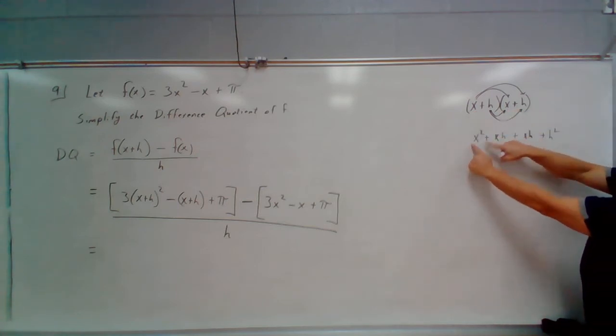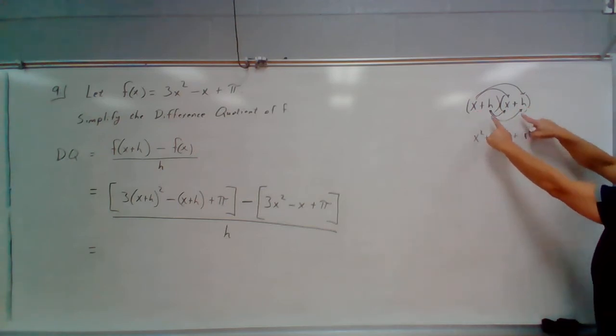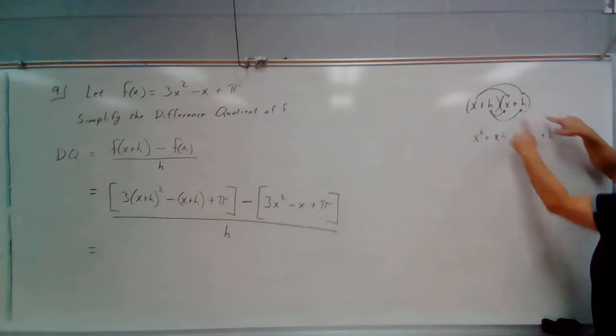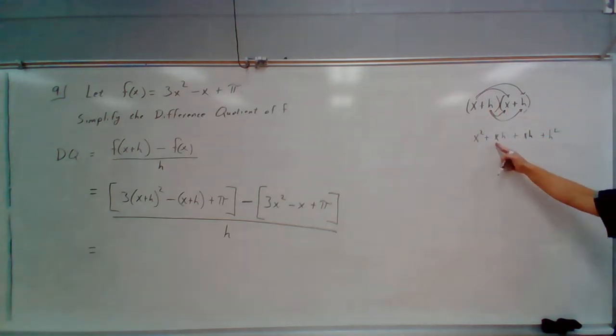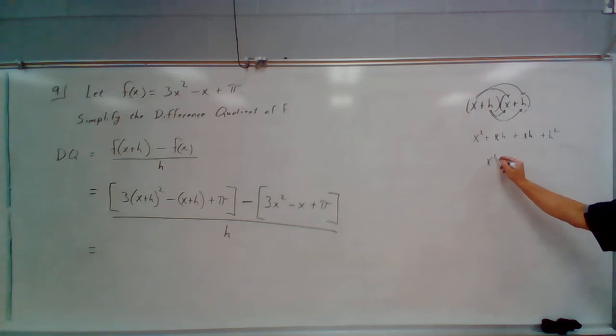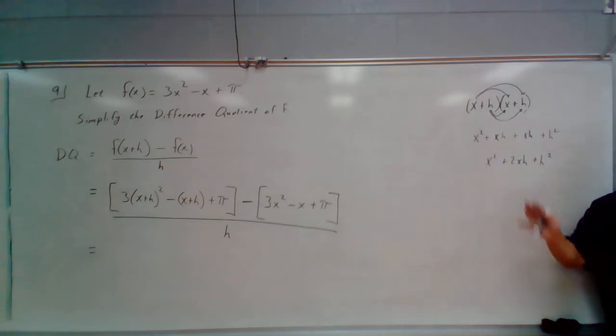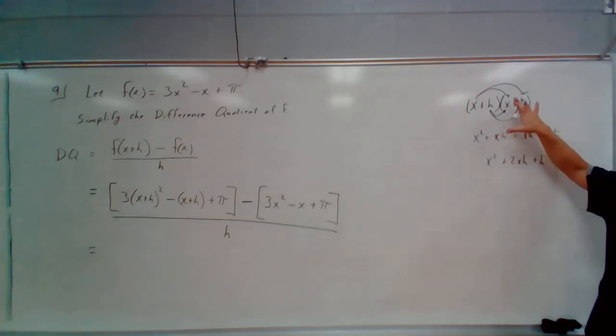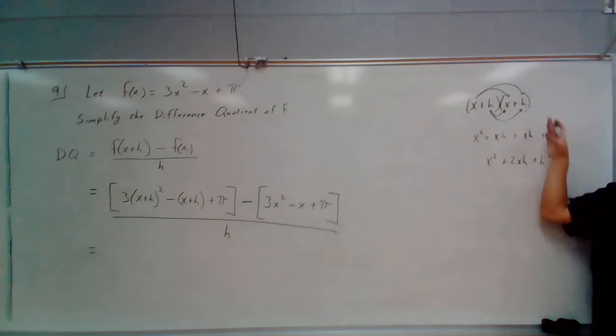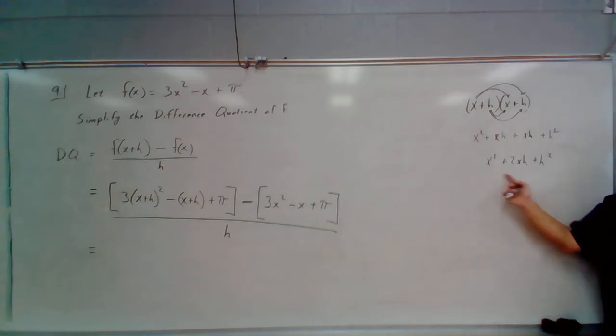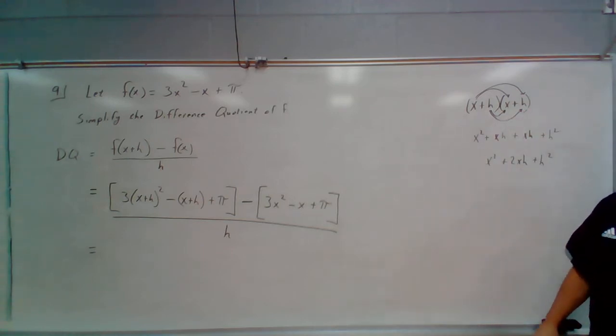So again, there's x squared, x plus h, another x plus h, and then h squared. So I end up with 2 xh's and h squared. I work this out really slowly. You need to be able to do this in your head. You need to be able to multiply out a binomial, square it, and understand that you get this.